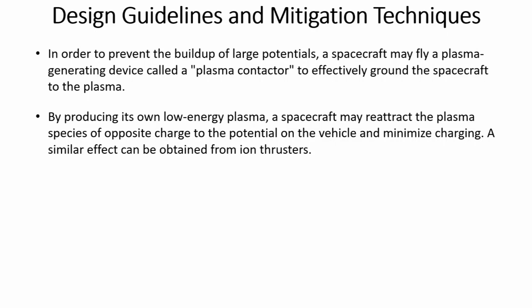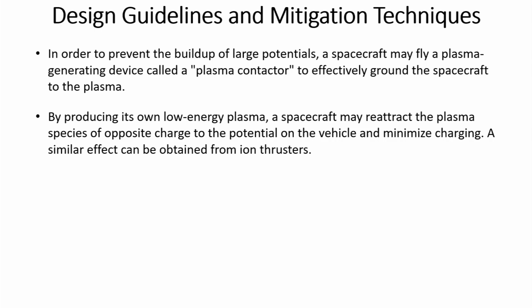If you generate some low energy plasma, it will attract the opposite charges, so that the negative potential reduces. Basically, what is the goal? The goal is to get it grounded, meaning it has to be 0 volts. This can be done using this type of device.